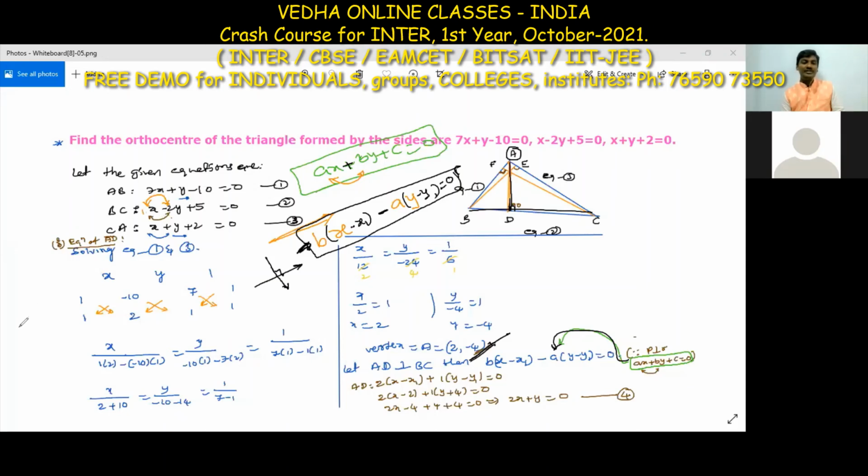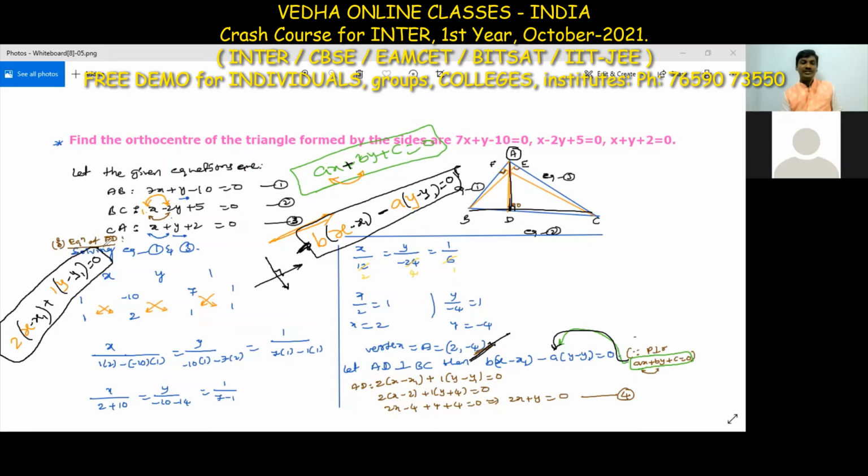We can write it as 2 into x and 1 into y, right? The x coefficient to y, the y coefficient to x. After writing that, from x I am subtracting x1, from y I am subtracting y1. In the middle we have a minus symbol, so write a plus symbol, equal to 0.